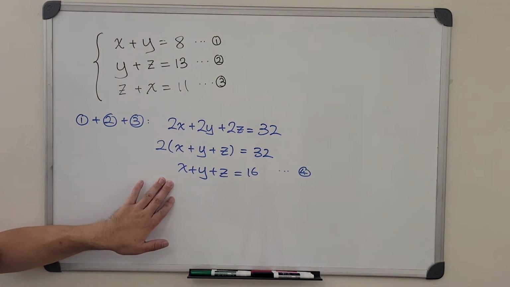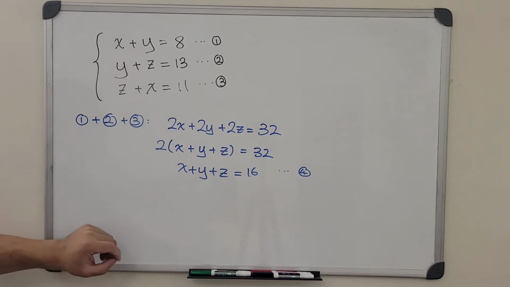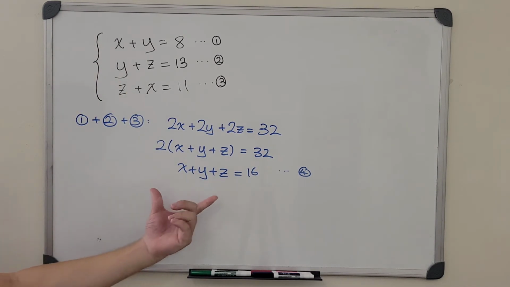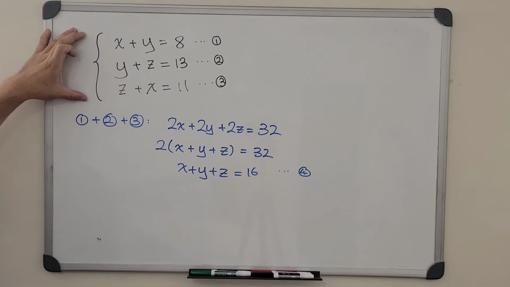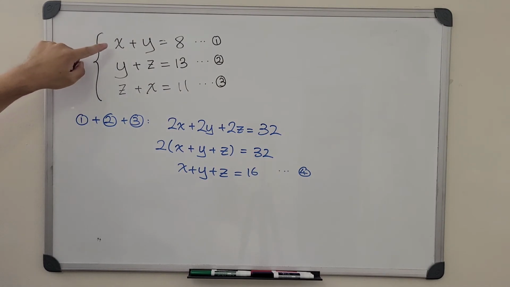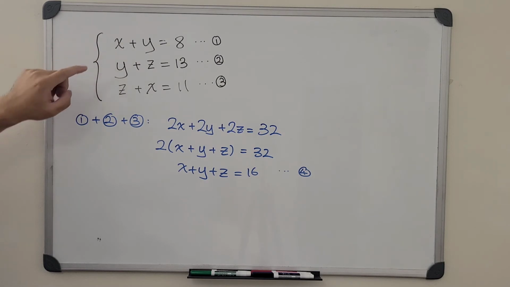Why do we want to do this? Here is the reason. If we look carefully, the left-hand side is the sum of all 3 variables. And from the given system of equations, we see that each equation is the sum of any 2 variables.